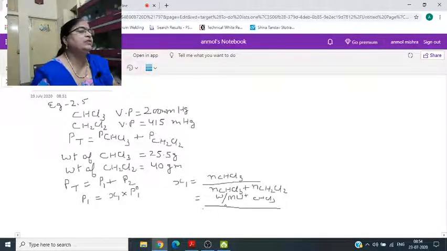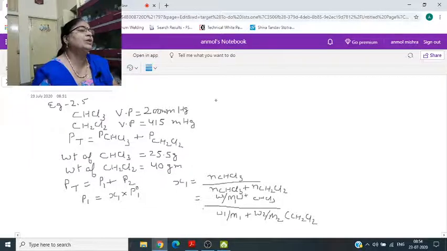We can take this as x1 is equal to W1 by M1 divided by W1 by M1 plus W2 by M2. Here W2 is for methylene chloride.